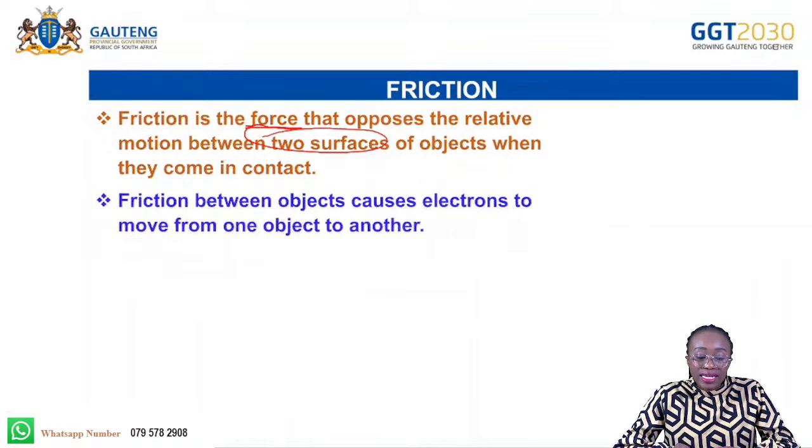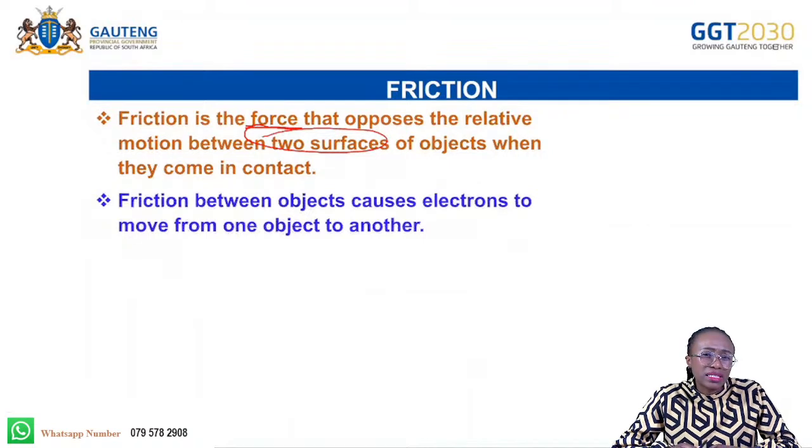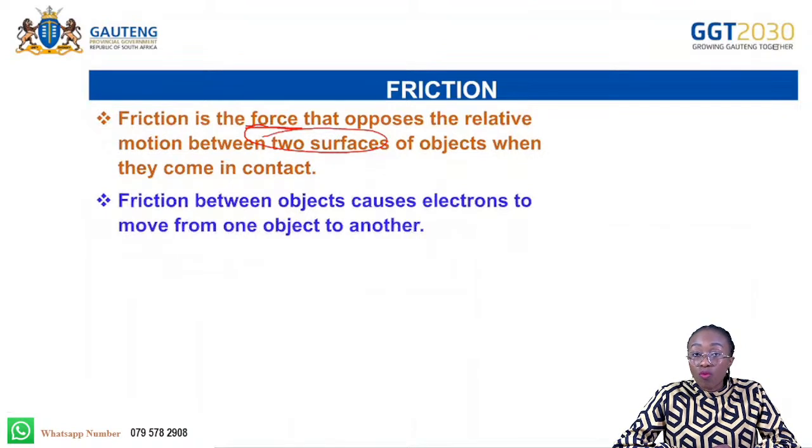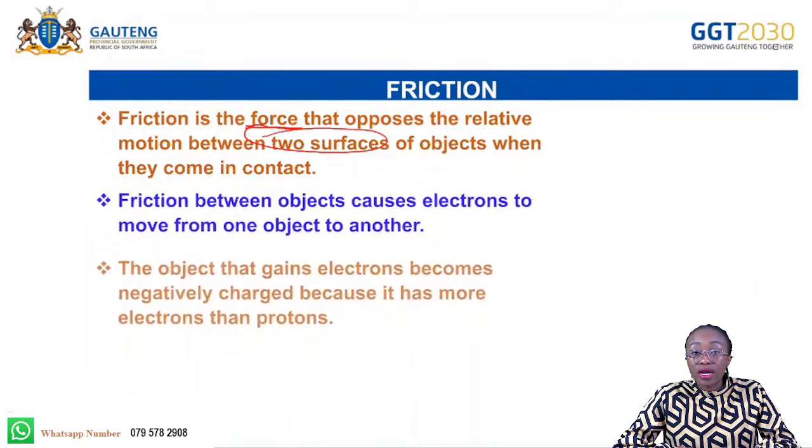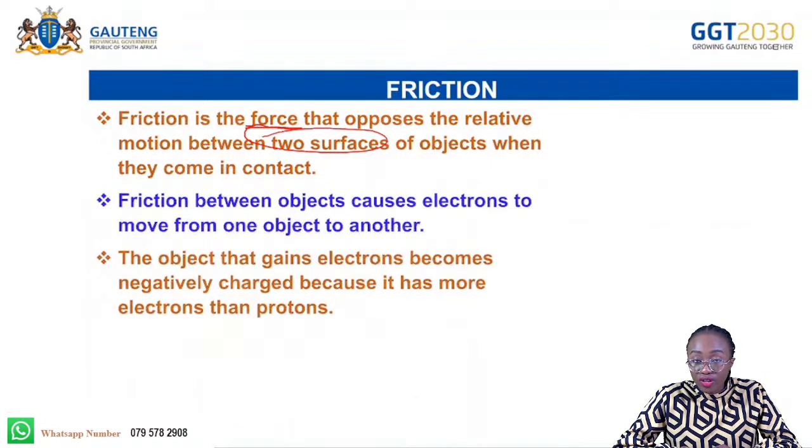It causes electrons to move from one object to another. Remember, I said protons cannot move from an atom. They cannot be lost from an atom because they are tightly packed in the nucleus. Electrons, however, can be moved from one object to another through the process of friction.